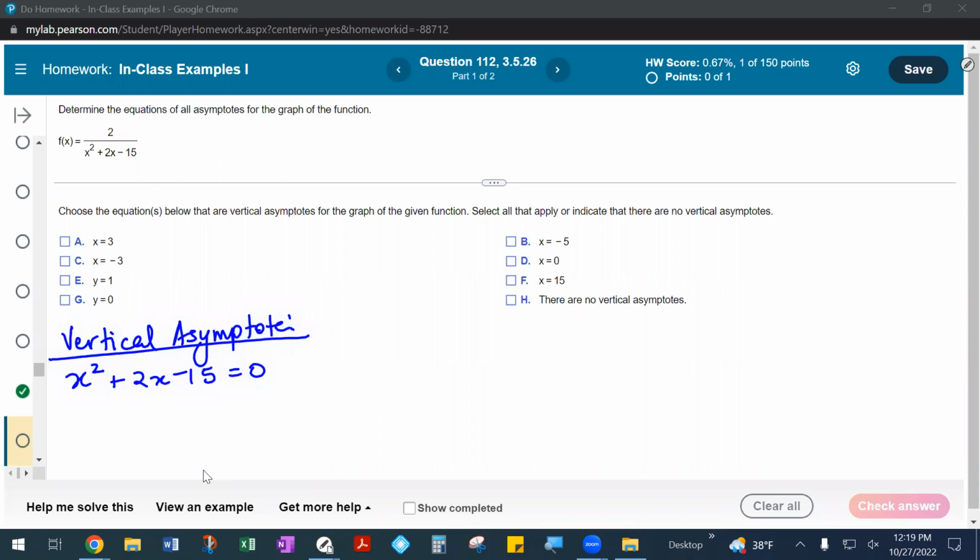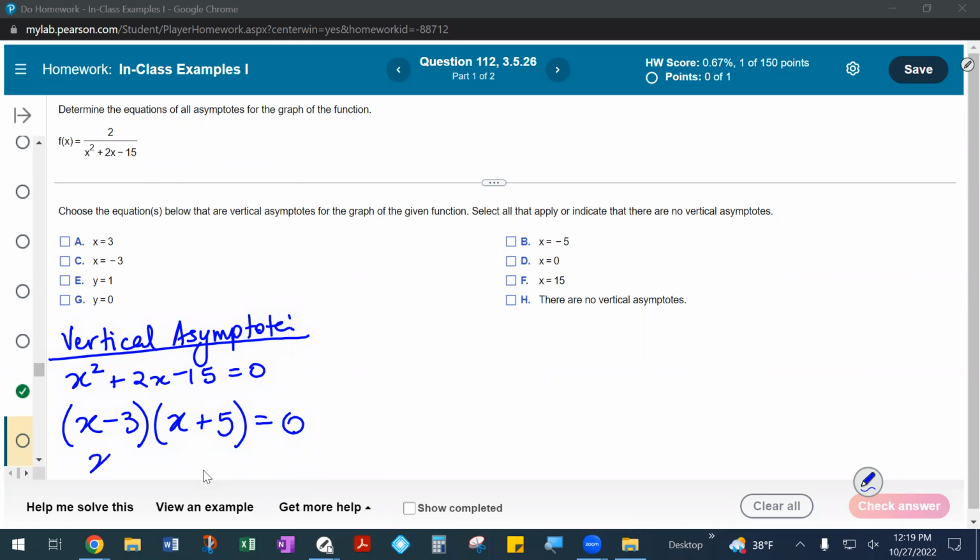Okay, go ahead. x plus 5 and then it's minus 3. Negative 3. Yeah, very good. So -3 multiplied by +5 will give us -15, and then when we add -3 and +5, we'll of course get +2.